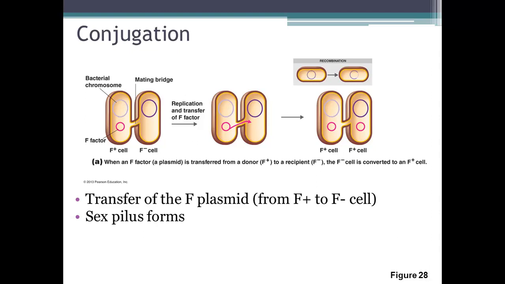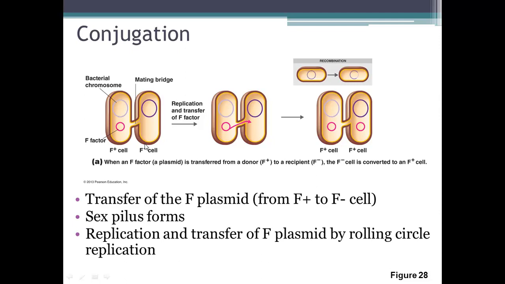This attached pilus is a temporary cytoplasmic bridge through which a replicating plasmid is transferred from the male to the female. So here we see our F plasmid. Through rolling circle replication, this is going to be transferred to the female cell through the sex pilus.